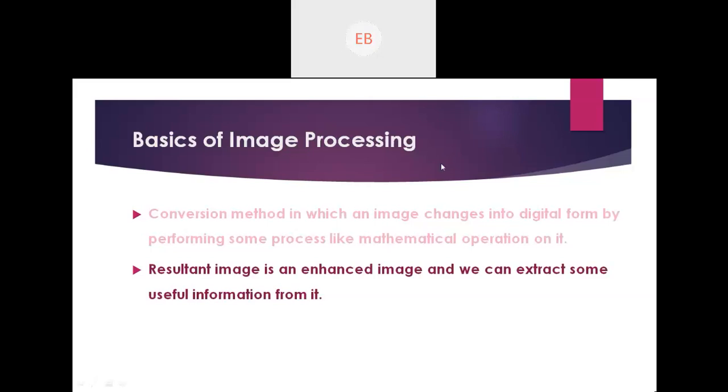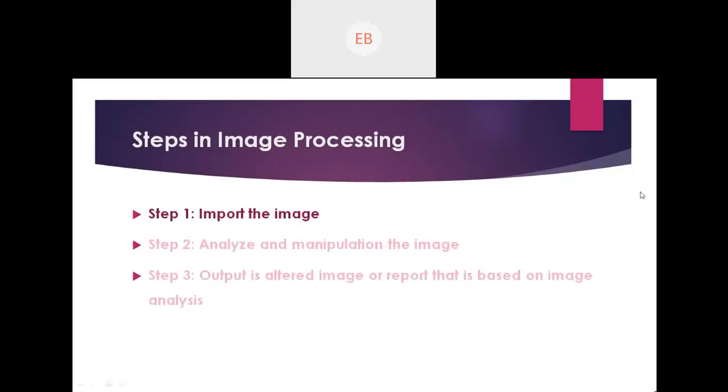Okay, then going on to steps in image processing. What we have to do in image processing, first we have to take an image, the image which we are interested in. That is, first we have to import the image.